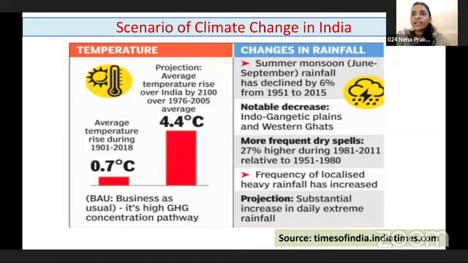On the other hand, there are changes in rainfall pattern. Last year, we found that there was continuous rainfall across seasons, whereas in a particular season, June to September, there is rainfall.